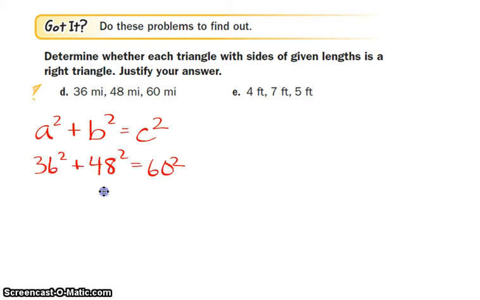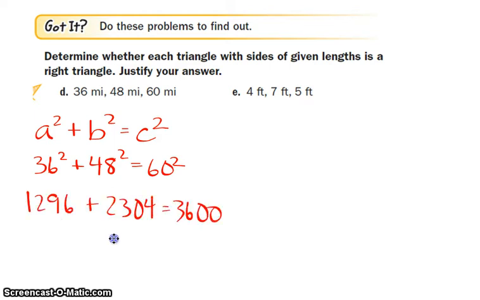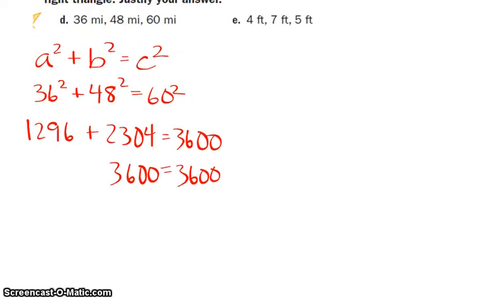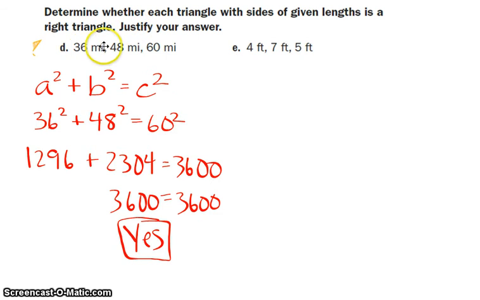Okay, so if we square those, 36 squared and 48 squared, give us those numbers. If we add 1,296 plus 2,304, we get 3,600. And 60 squared is 3,600. So our answer here is yes, it is a right triangle. Okay? These lengths form a right triangle.